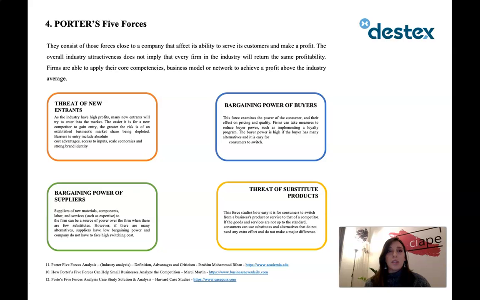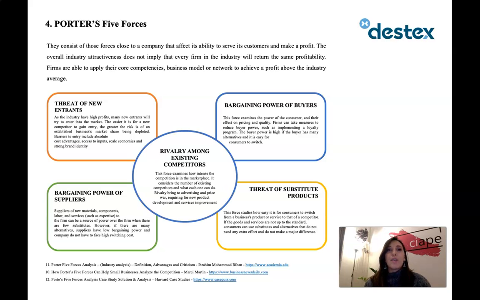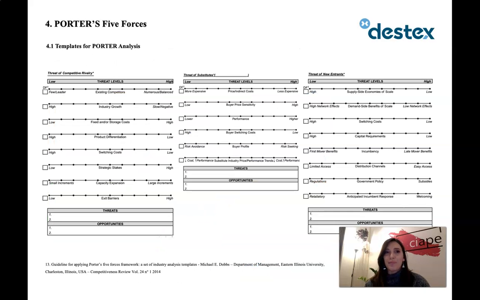Threat of substitute products: it considers how easy it is for customers to switch from a business's product to another one. Rivalry among existing competitors: it considers the number of existing competitors and what each one can do.